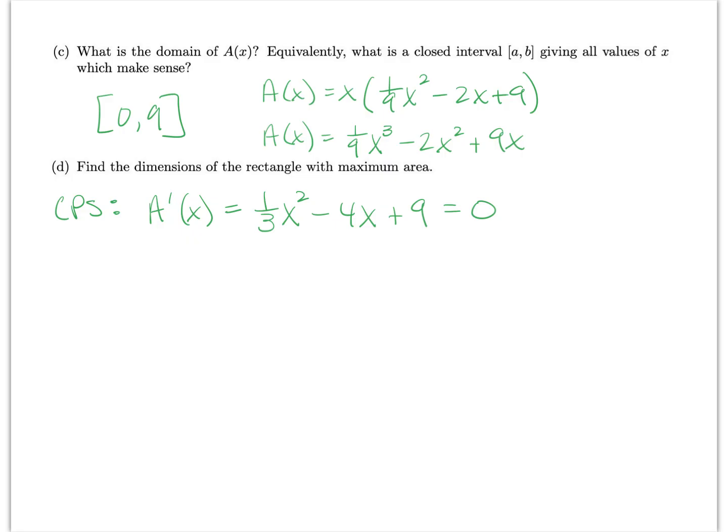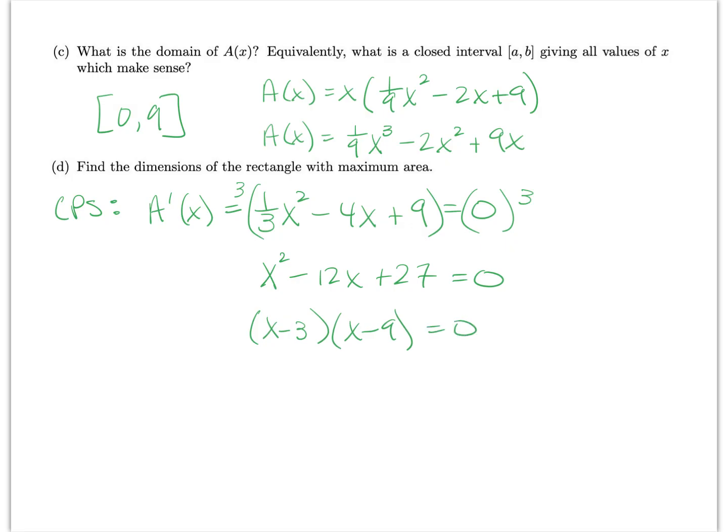To solve this, I could use the quadratic formula, but I'm going to multiply both sides by 3 to make the coefficient on the x squared a 1. So I have x squared minus 12x plus 27 equals 0. That factors pretty easily: x minus 3 times x minus 9, and we get x equals 3 or 9.